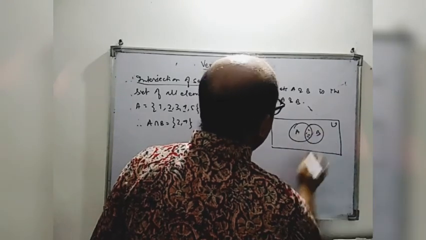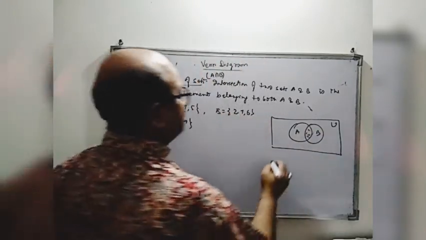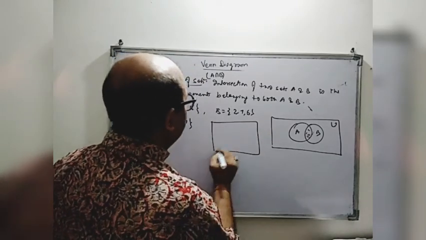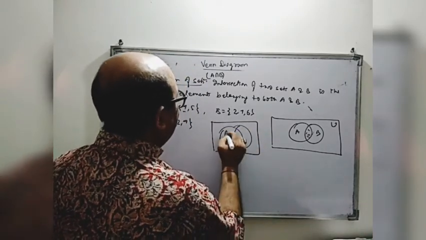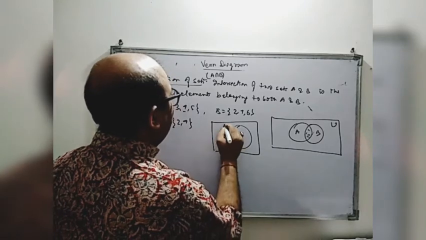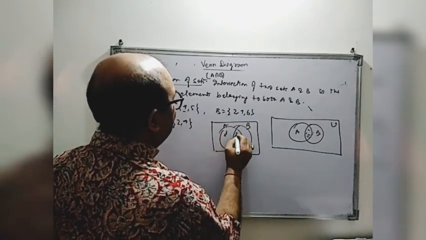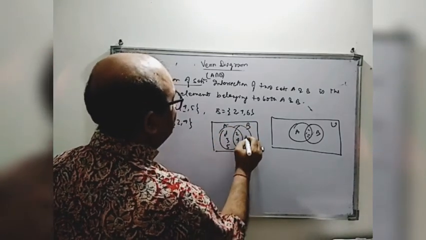This is A intersection B. A contains 1, 2, 3, 4, 5.